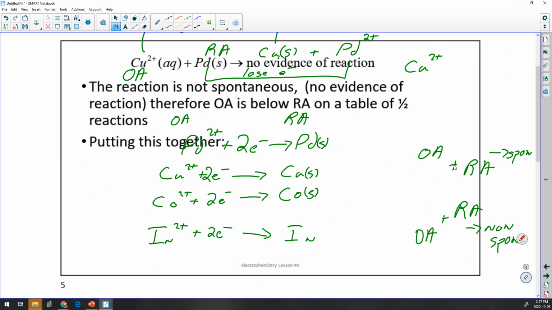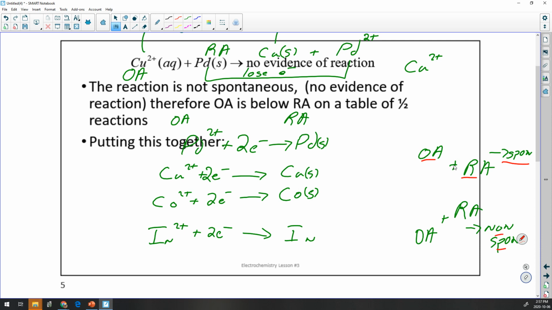Because they're two separate processes. You don't take these equations and put them into a chart. This one actually would work, but the other one would not. So you have to get through this idea. If it's spontaneous, the OA is above the RA, and I'm going to arrange that in my table. If it's non-spontaneous, the OA falls below the RA.